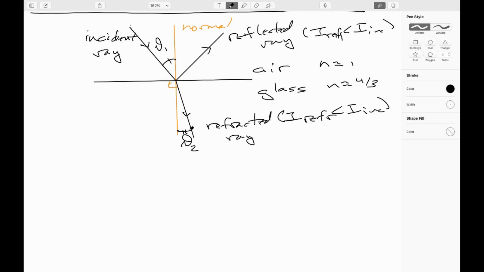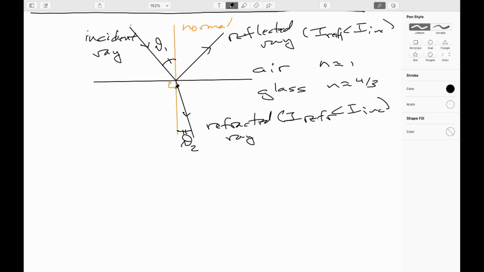General rule of thumb here is that if you are going into a higher index material, the light will bend towards the normal. And if you are going from a higher index to a lower index material, so if this were going the other way, the ray of light would bend away from the normal. Notice too that this refraction only happens at the boundary, so there's no curving or hooking around or anything like that.